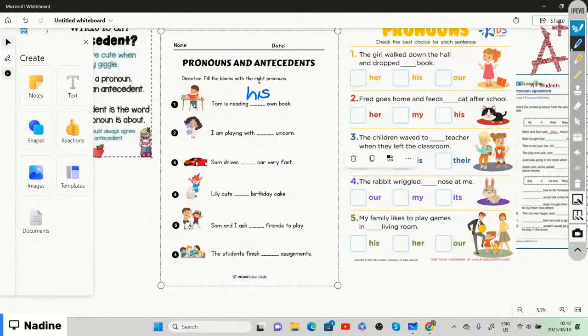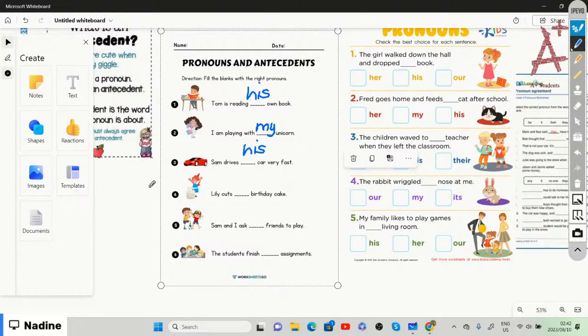I am playing with my unicorn. Sam drives car very fast. We can say Sam drives his car very fast, because it belongs to Sam.